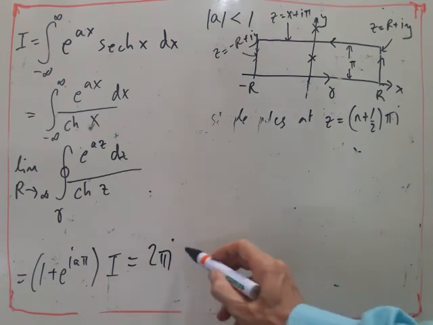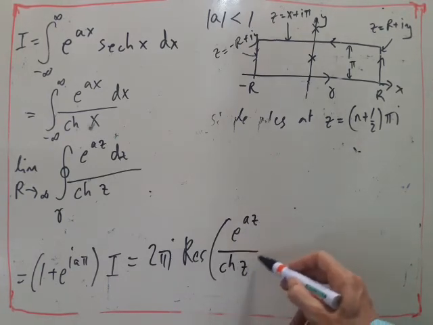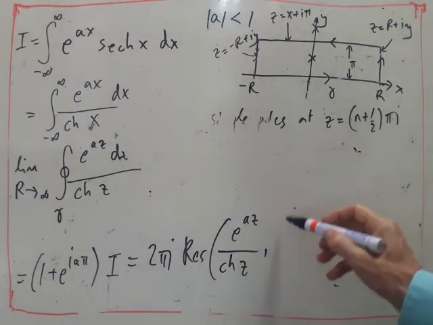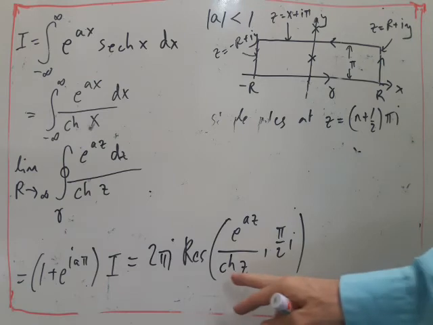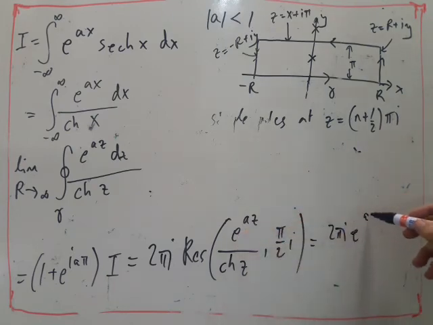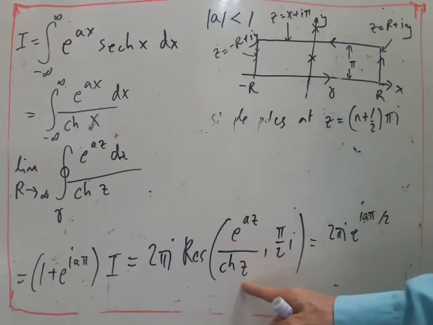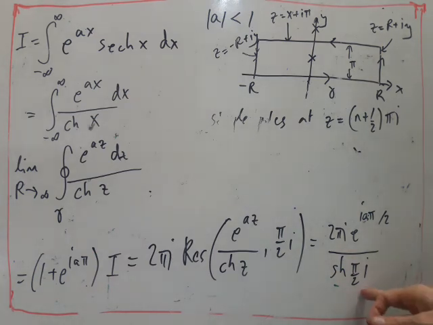So this is 2 pi I times the residue of e to the az over cos z at just pi by 2 I. So again, this is P over Q. So this gives us P is e to the a, pi I by 2, and I differentiate the denominator and substitute in, so I've got sine of pi by 2 I. So sine of pi by 2 I is the same as I sine of pi by 2. So this is simply I.